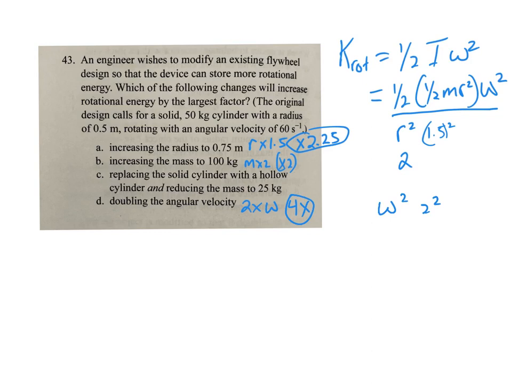The moment of inertia for a hollow cylinder is mr squared. So the I is now mr squared, so you're dropping out the half.